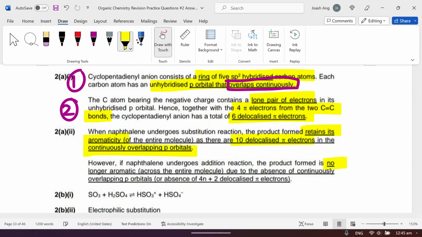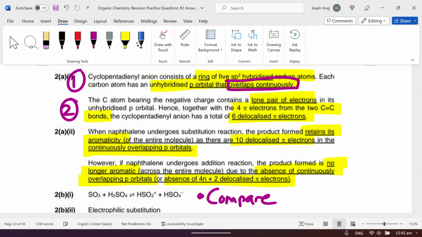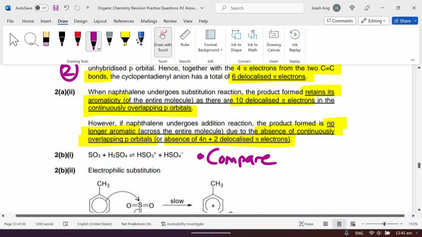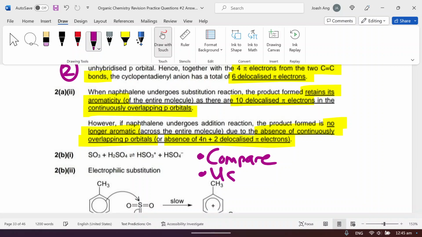And if we undergo addition reaction, it will no longer be aromatic due to the absence of continuously overlapping p orbitals. So note that in your answer, you must compare substitution with addition reaction as well as use info from the question.